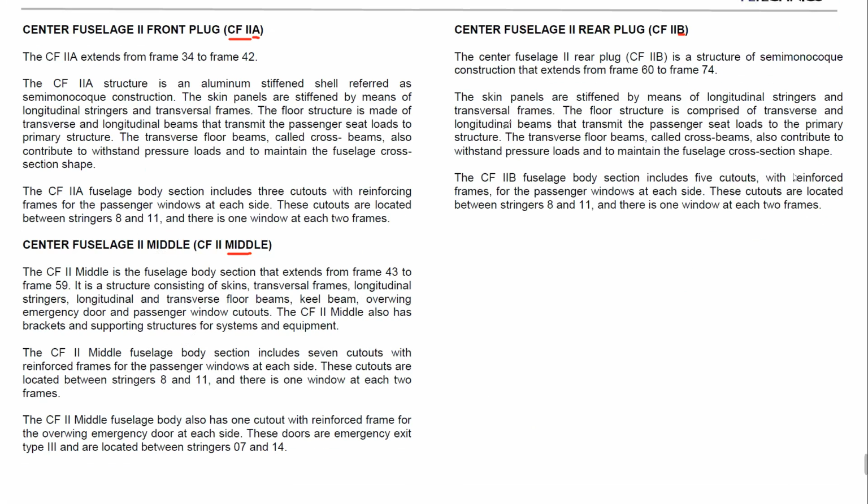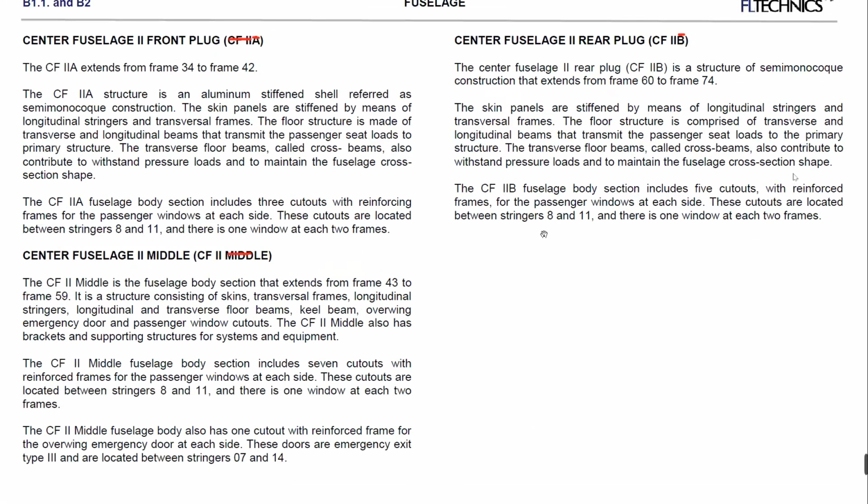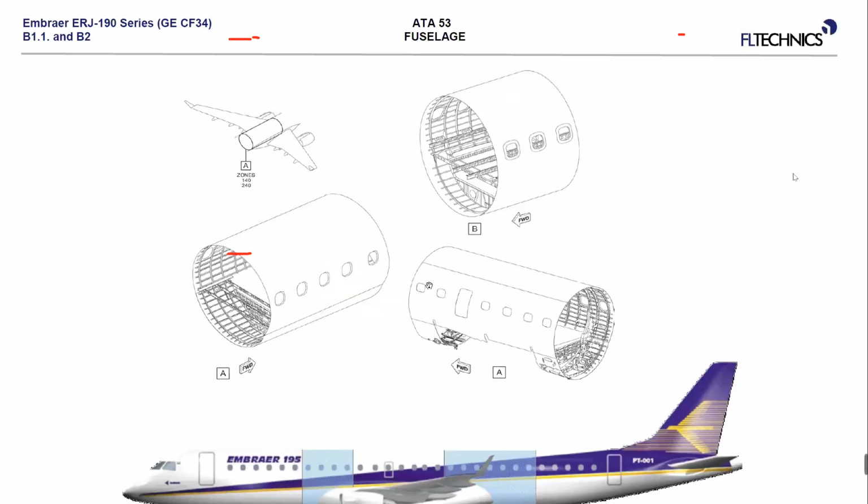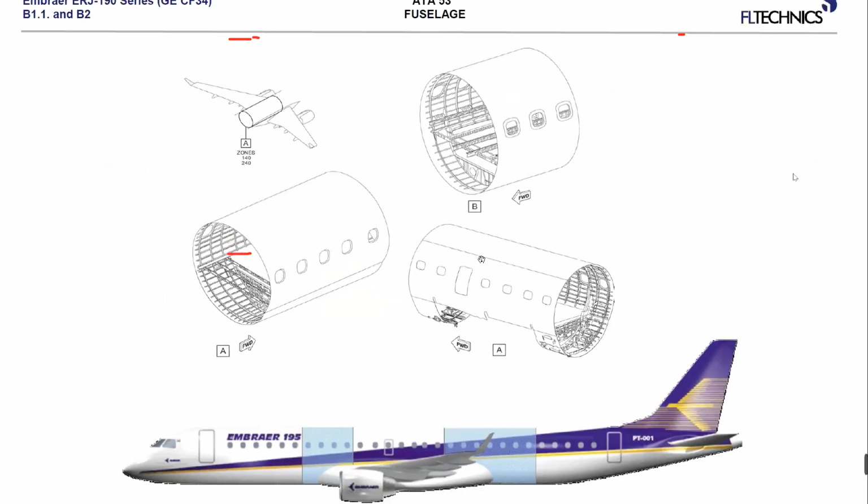The structure is the same principle, like components, like organization of the structure. Again, we have stiffened panels for the skin, longitudinal stringers, transversal frames, beams. Everything is like on the previous section, just we have now different cutouts, okay?